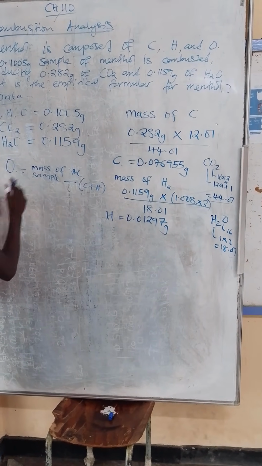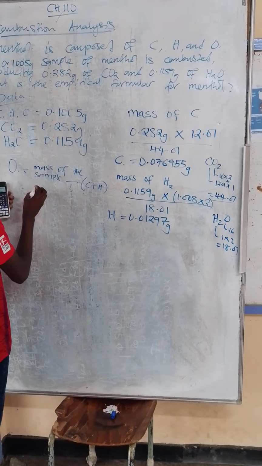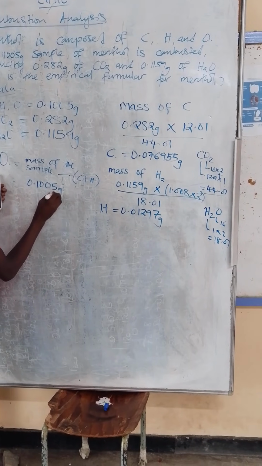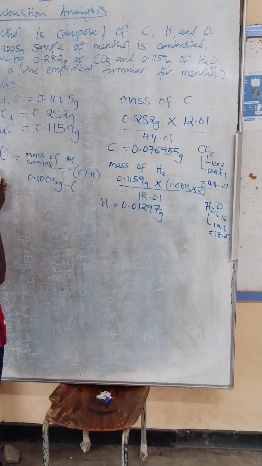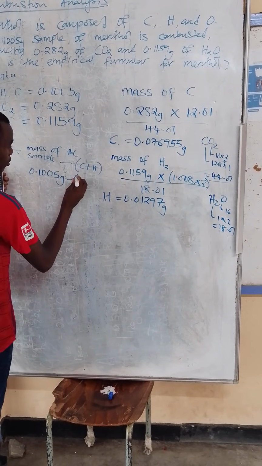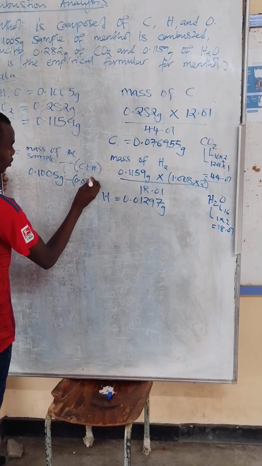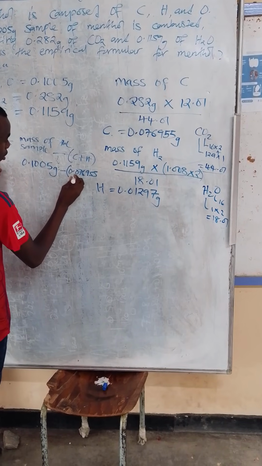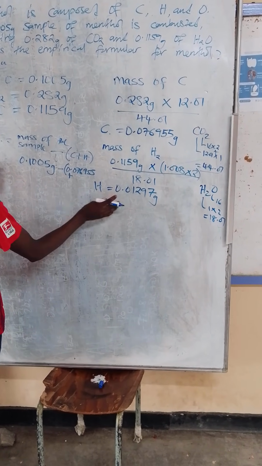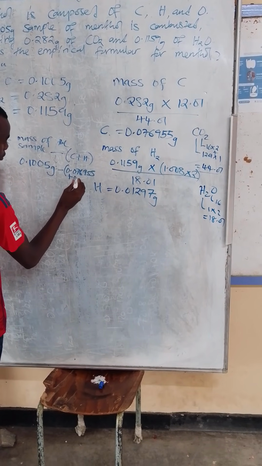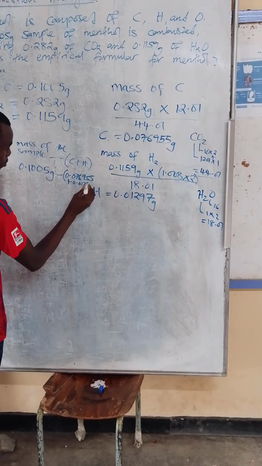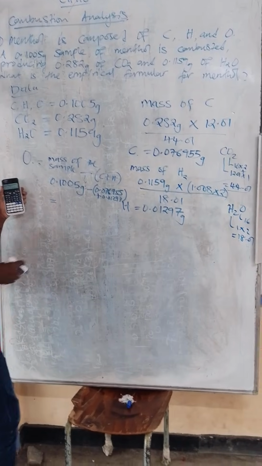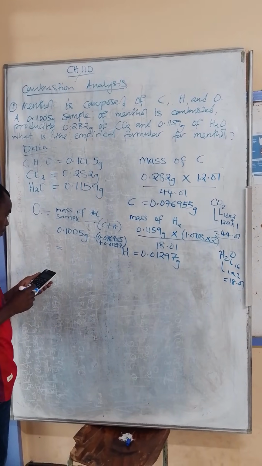So the mass for the entire sample is 0.1005 gram, minus the mass for carbon, 0.069555, minus, plus the mass for hydrogen, 0.01297.